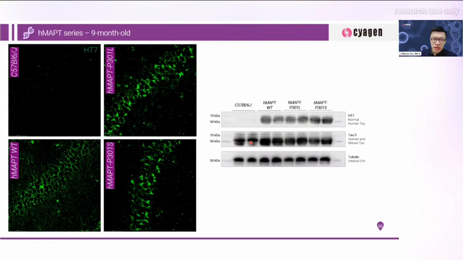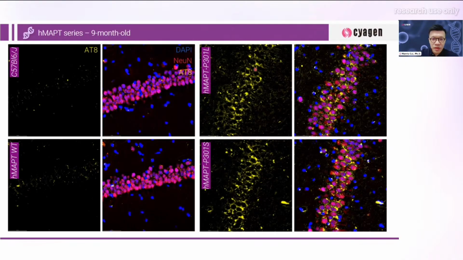Also, as shown here, we have observed aggregates of hyperphosphorylated tau within the neurons. Without clear statistics, however, we did observe some neuronal loss in this area. By the way, this is the hippocampus, the center of memory.